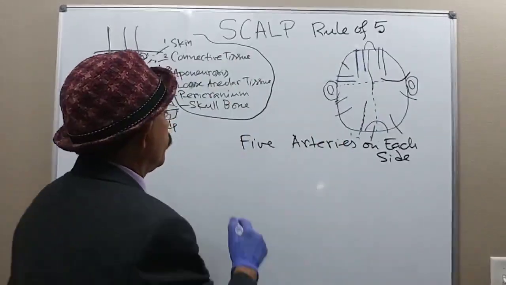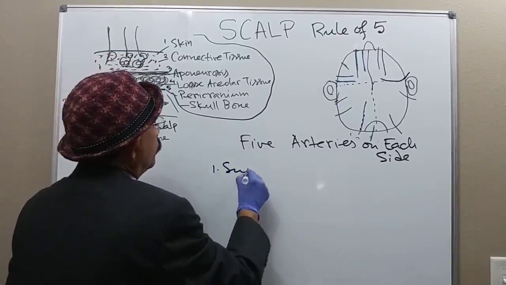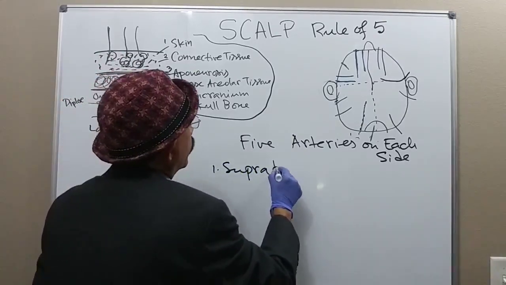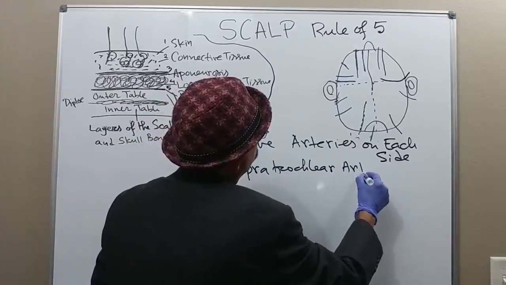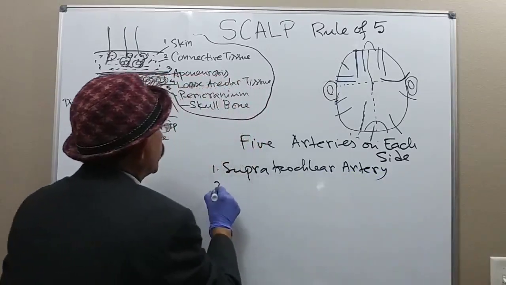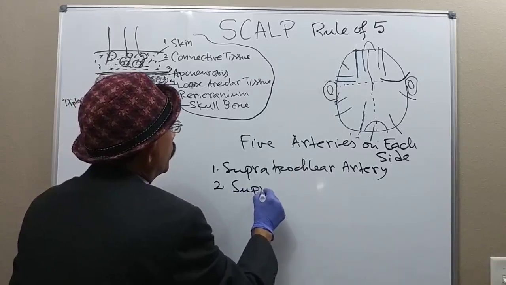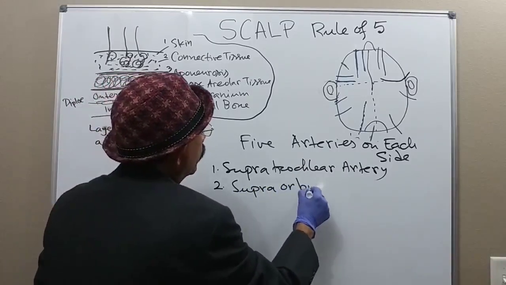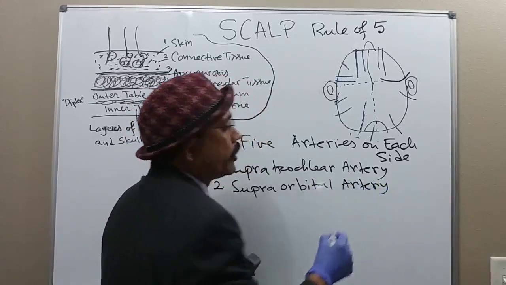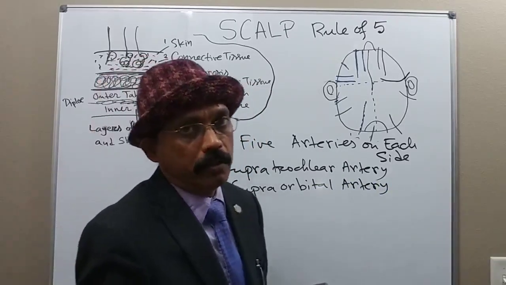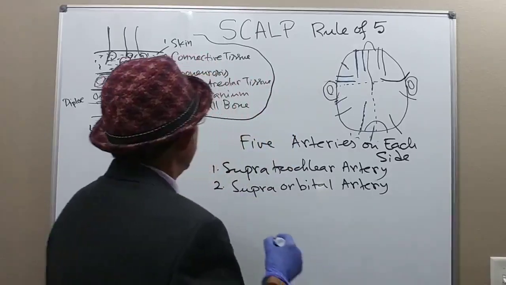What are the arteries? We have the supratrochlear artery and the supraorbital artery. These are branches of the internal carotid artery.